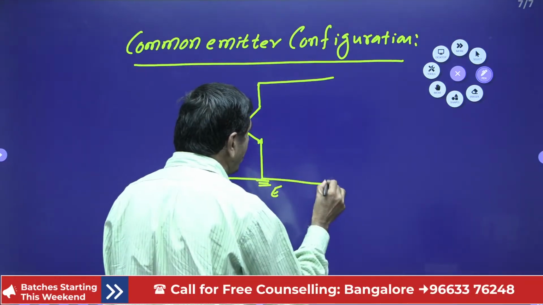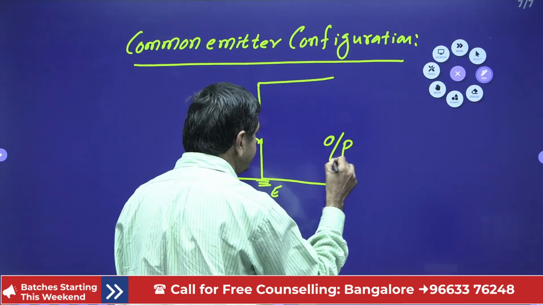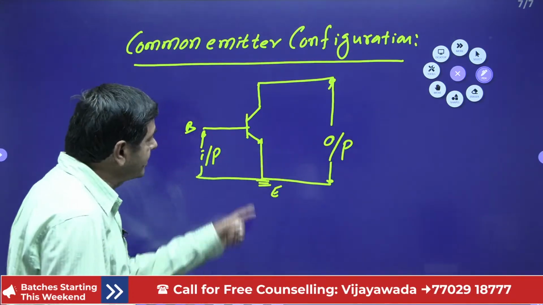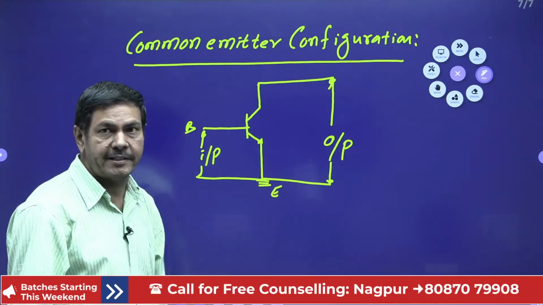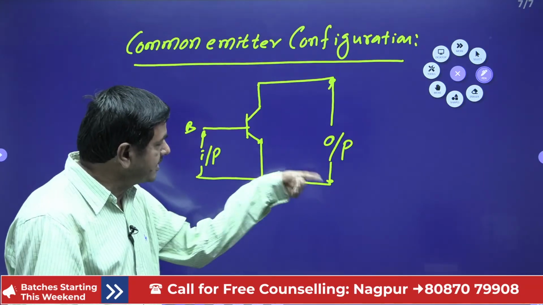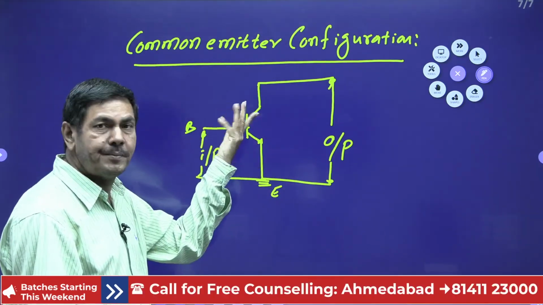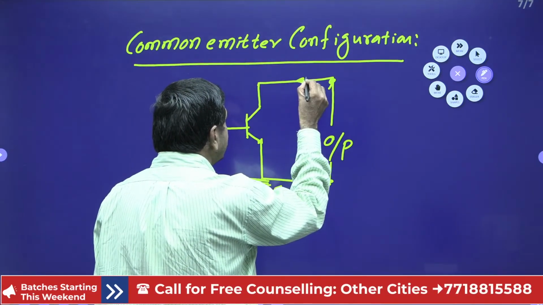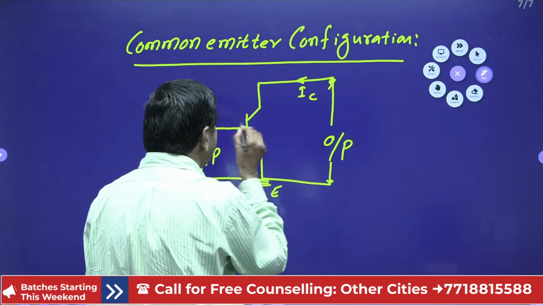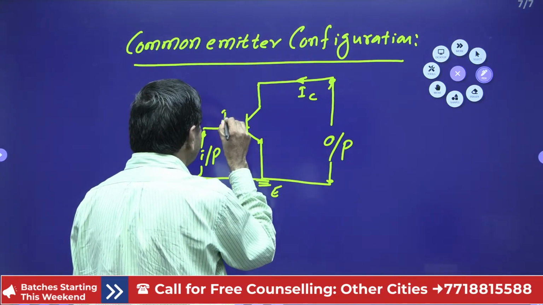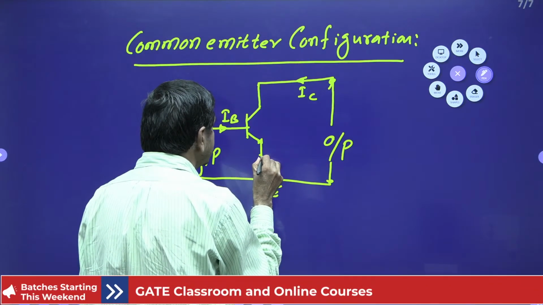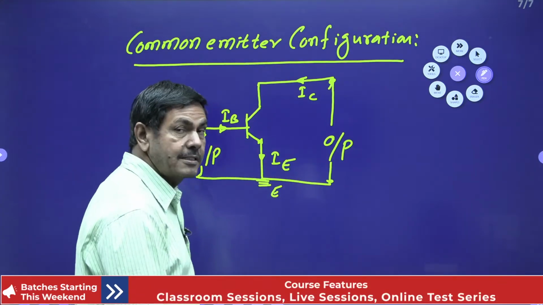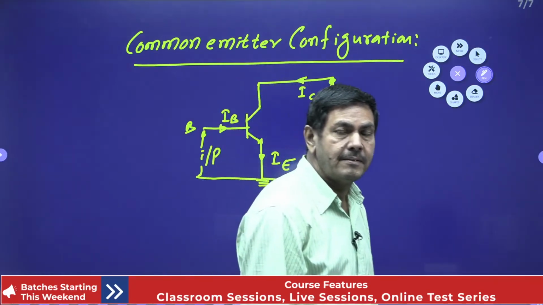I want to receive the output across these two terminals. I selected NPN, I have taken NPN here, but the arrow is given reversed, it is an NPN. If you take this side, PNP, no problem. This current is nothing but IC. This current is nothing but IB. This current is nothing but IE. These three currents will flow in this particular configuration.